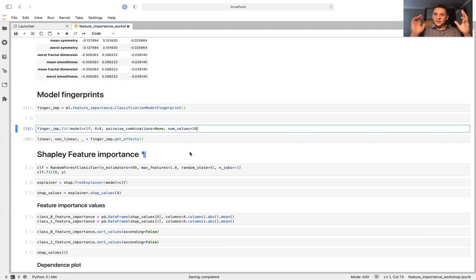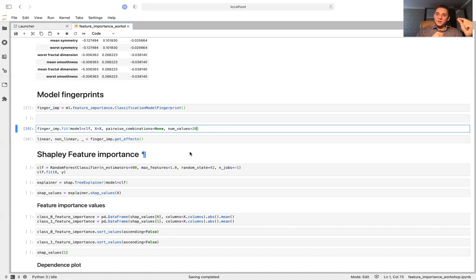In this case, the number of computations becomes quite large, because let's say, for example, we have 700 features and the number of your samples is 7,000. So it will generate so many predictions, and the algorithm will take so much time to compute. So number of values is actually the number of quantiles on which we test our features.